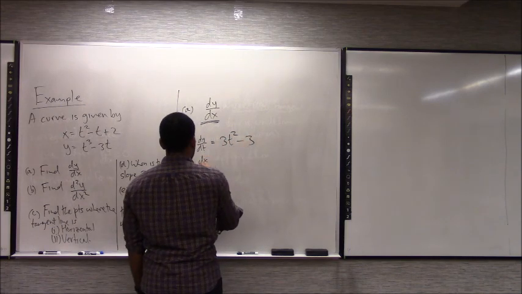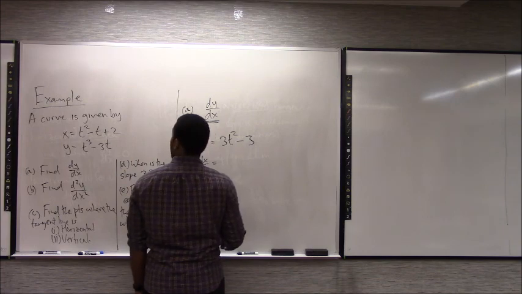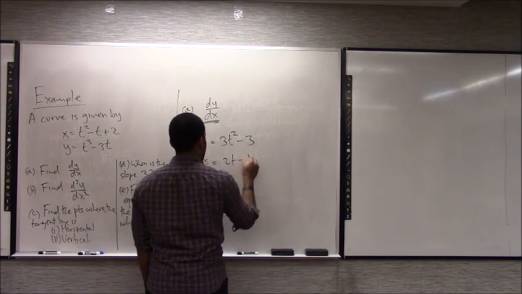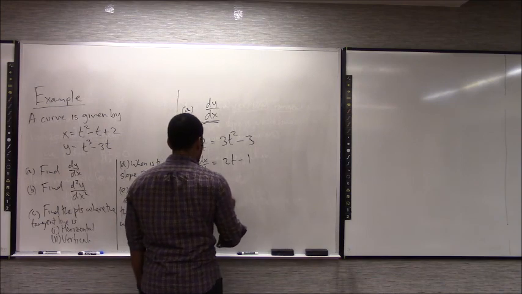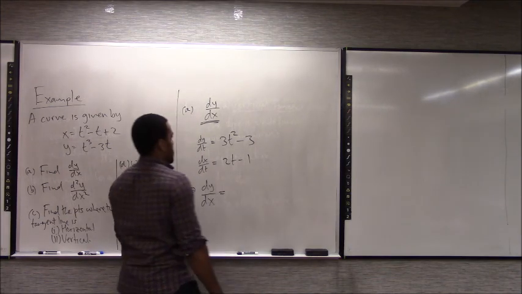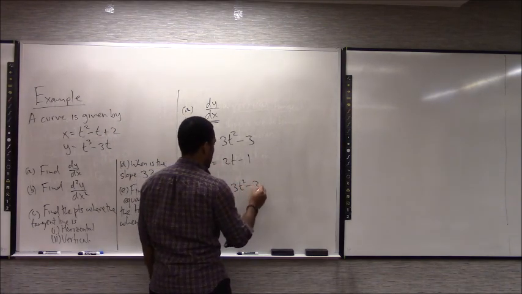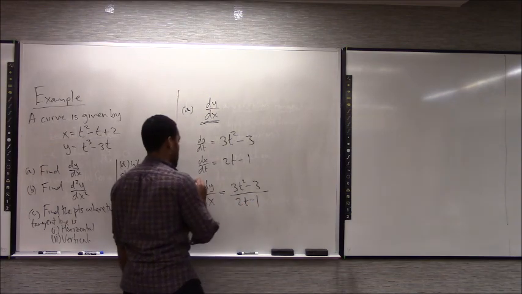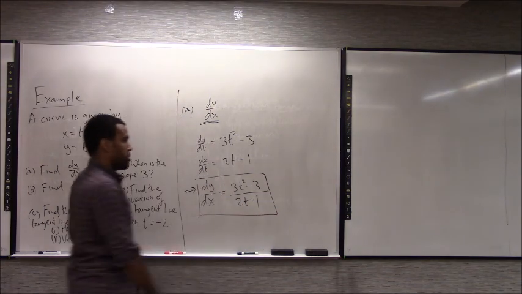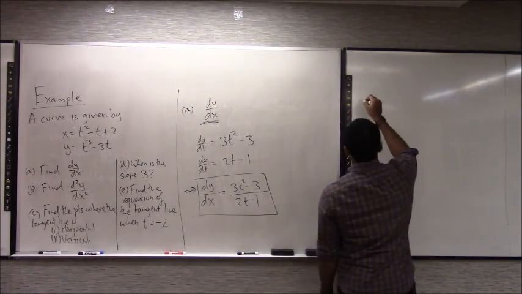And dx/dt? 2t minus 1. This means that your dy/dx is going to be this divided by that, 3t squared minus 3 divided by 2t minus 1. That is going to be your first derivative. Of course, it's in terms of t.